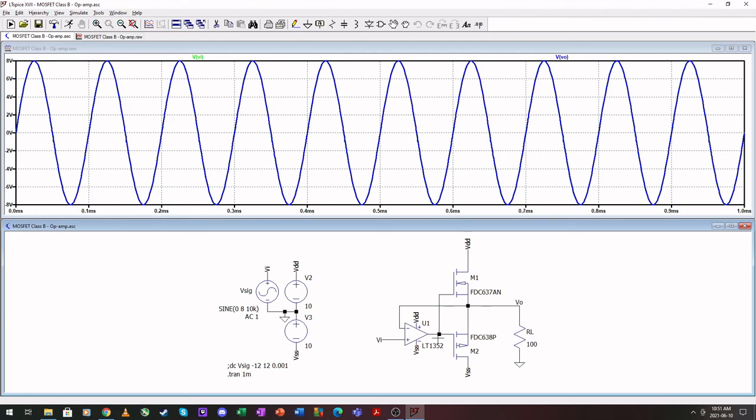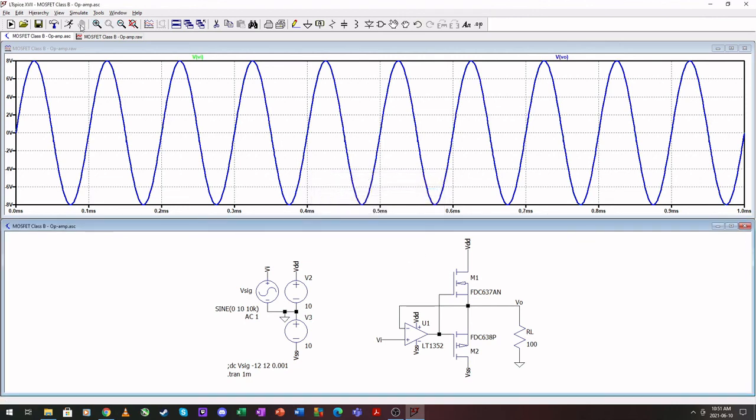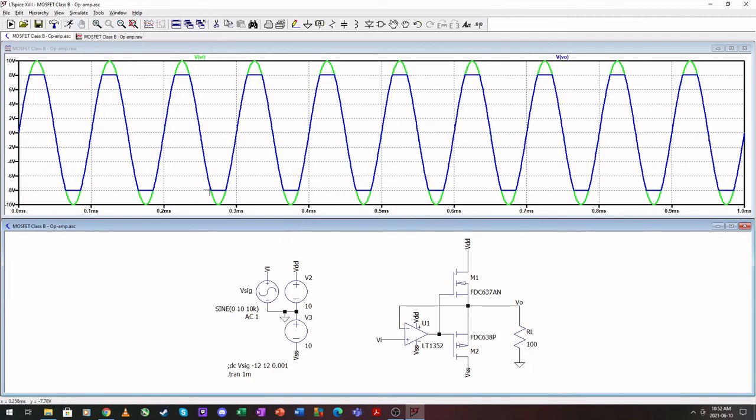But the same deal, rail voltages, slew rate, etc. goes for this circuit right here. So you'll see that I inputted 8 here again. If I make this 10, the operational amplifier will saturate. And there we go. Input, operational amplifier has saturated.